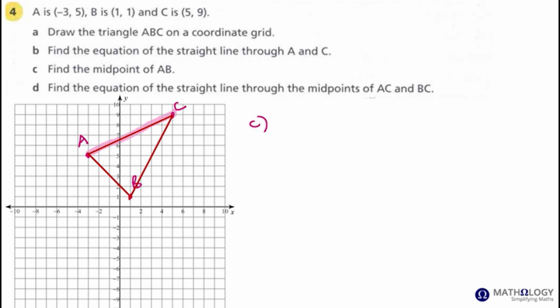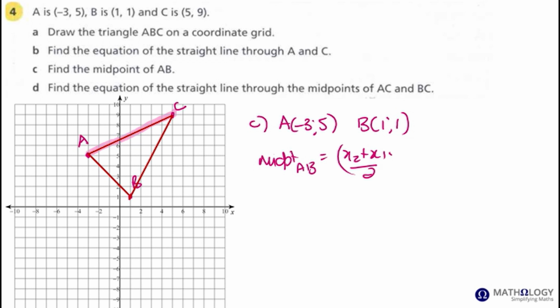Okay, part C. Find the midpoint of AB. A is the point -3, 5. B is the point 1, 1. So using the midpoint formula, the midpoint of AB is x2 plus x1 over 2, y2 plus y1 over 2.